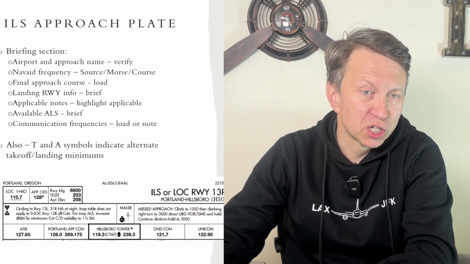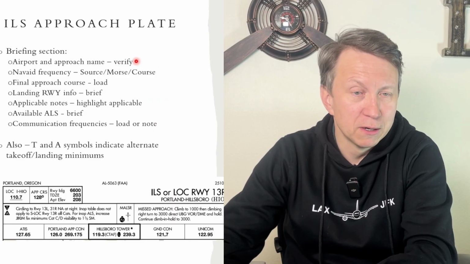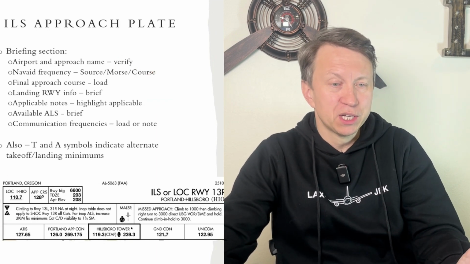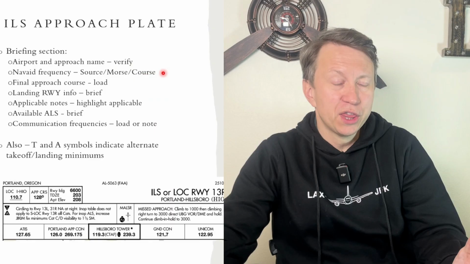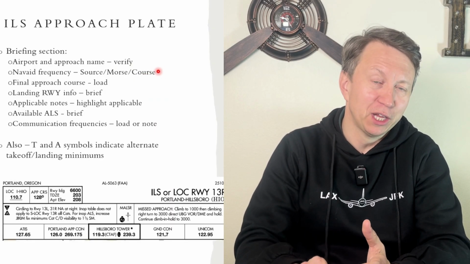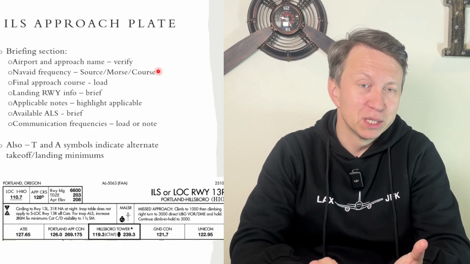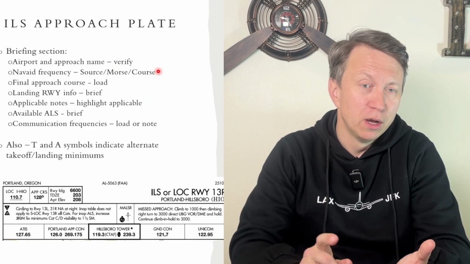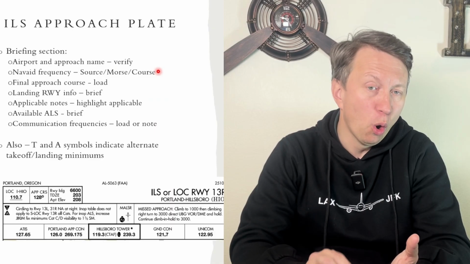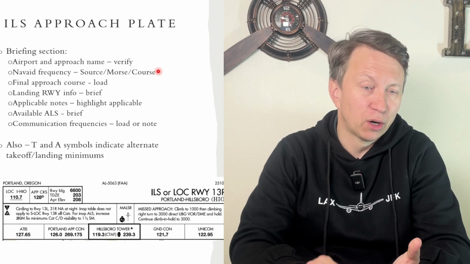So the briefing section itself, airport, obviously make sure you get the correct plate in your hands. Nav frequency, if you are looking at ILS, the frequency is in the top left corner, and this is one of those moments where I ask you to please memorize it and use it. Source, Morse, course. As you brief the plate, you put the frequency in a receiver, you confirm that it's the right frequency, you listen to the Morse code, and you verify that the course is set correctly.